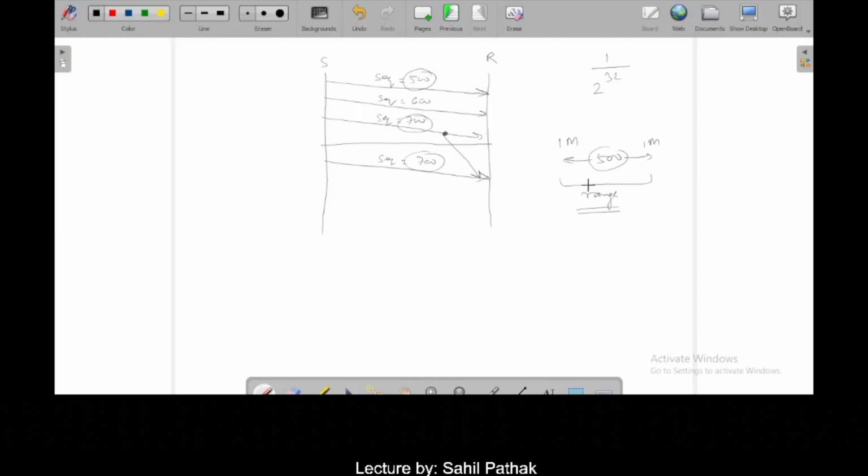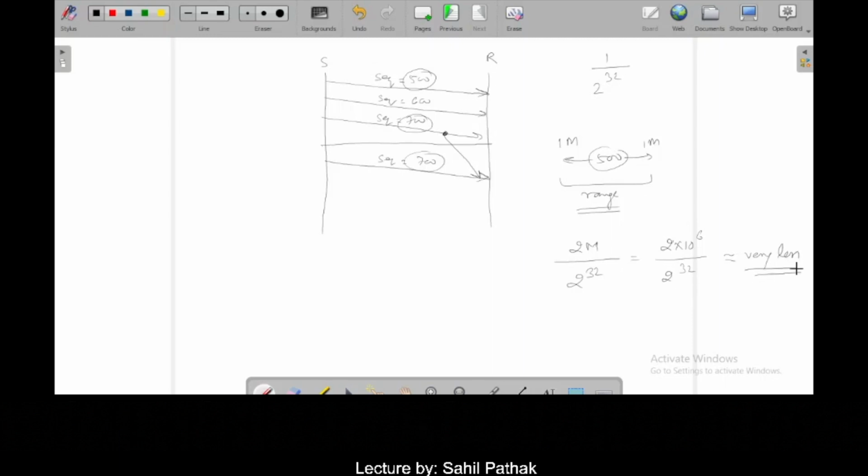In total we have 2 million, so 2 million divided by 2 raised to power 32 would be the probability, and that is 2 into 10 raised to power 6 over 2 raised to power 32. Again it is going to be very less.